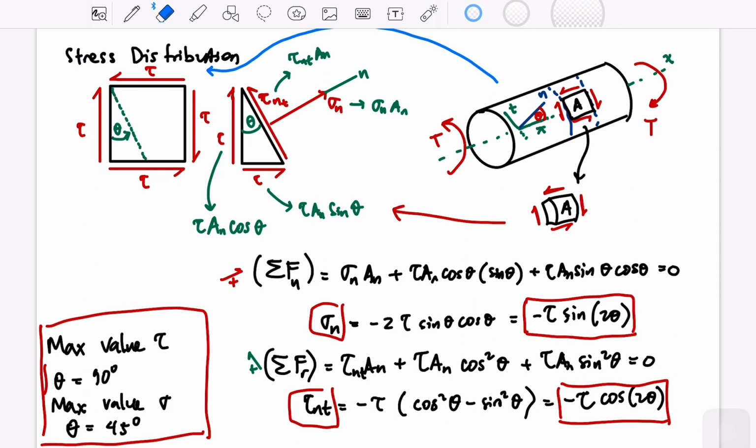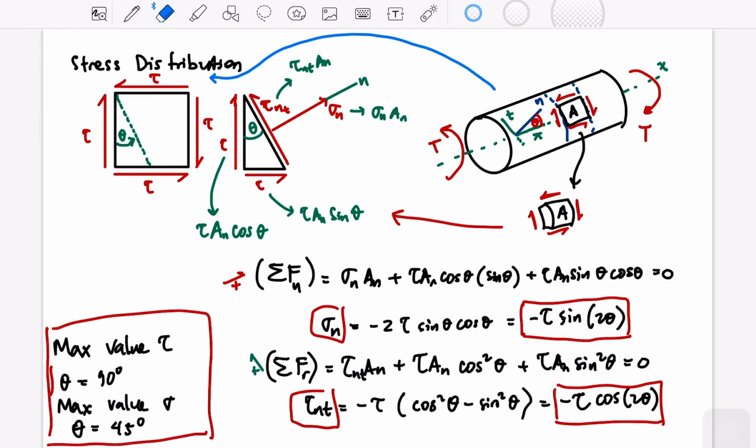You will see that we get the angles 90 and 45. These special angles will be important in future studies, as we are going to see the relations between the sigma and the tau in more detail with the Mohr circle.